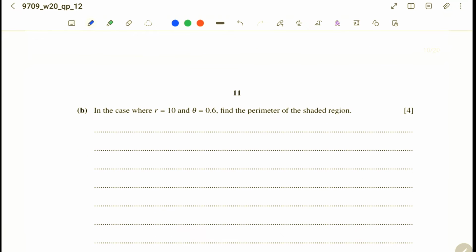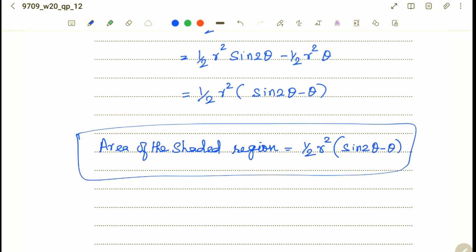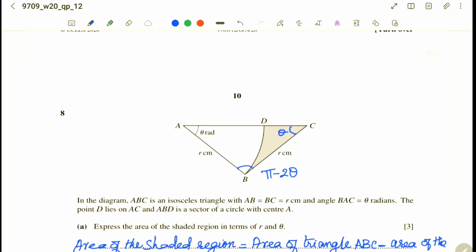The next part of the question is, in the case where r is equal to 10 and theta equal to 0.6, find the perimeter of the shaded region. To find the perimeter of the shaded region, we need to add BC, CD and DB. We know BC is 10 centimeters, which is given, and we need to calculate the arc length DB and the side DC also.